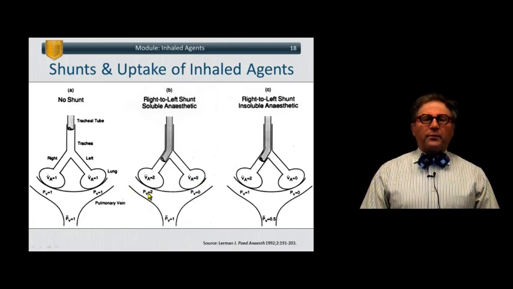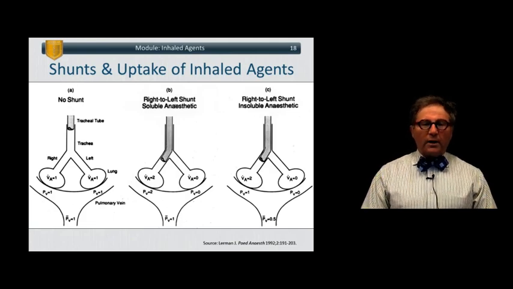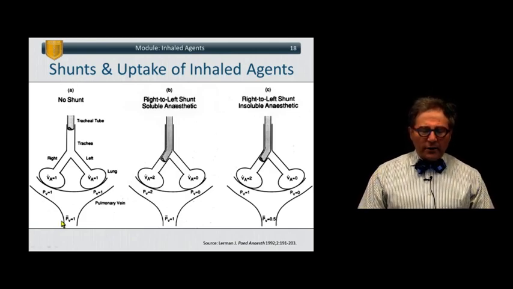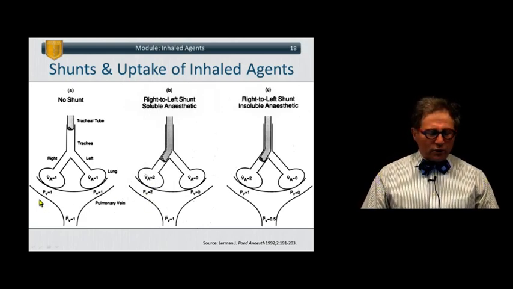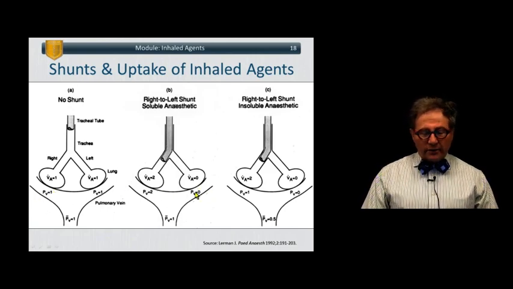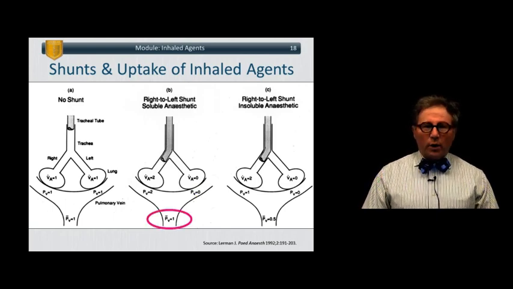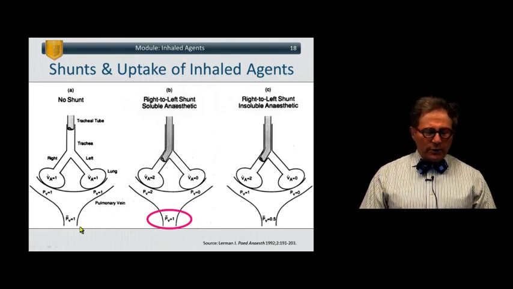Now, because soluble agents are dramatically affected by ventilation, we are able to achieve a much higher venous partial pressure by doubling the ventilation to this lung, and it's at 2 compared to 1 with the tube in the trachea. On the other side, it's 0. And if we assume there's equal blood flow to the 2 lungs, the average is 1, once again indistinguishable from the original position of the endotracheal tube.